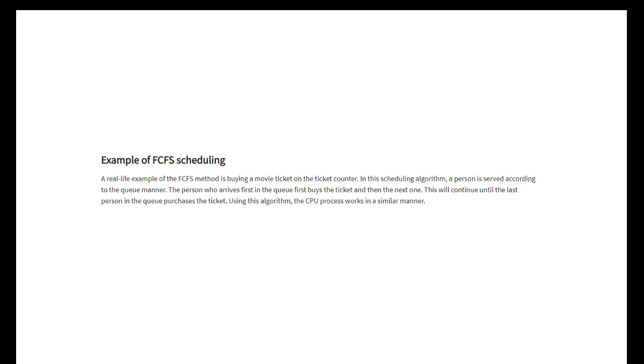The person who arrives first in the queue first buys the ticket, then the next one. This will continue until every person in the queue purchases a ticket. Using this algorithm, the CPU process works in a similar manner.